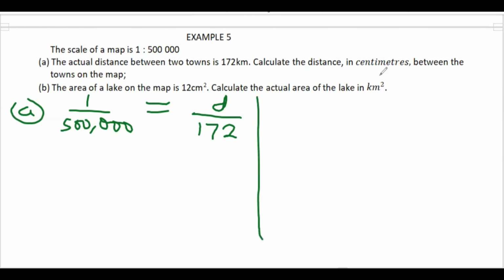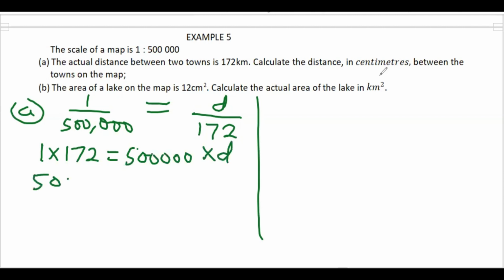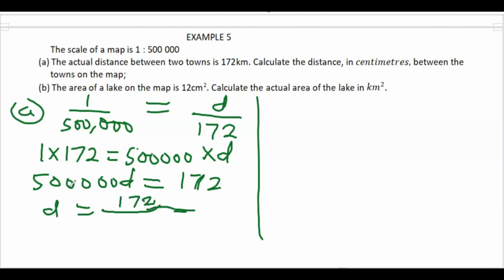We cross multiply. We have 1 times 172 equals 500,000 times D, so you have 500,000 D equals 172. For you to make D the subject, you divide both sides by the coefficient of D, which is 500,000, meaning D becomes 172 divided by 500,000.